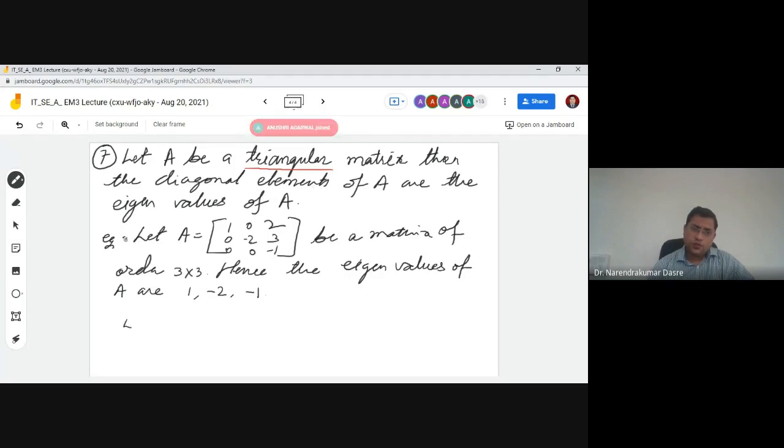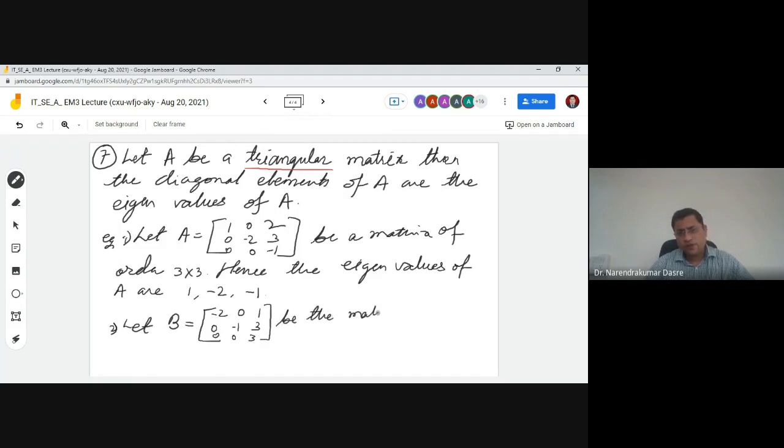So suppose we consider another example. Let B be equal to the matrix with rows minus 2 0 1, 0 minus 1 3, 0 0 3. This is a matrix of order 3 by 3. Then what type of matrix is this?